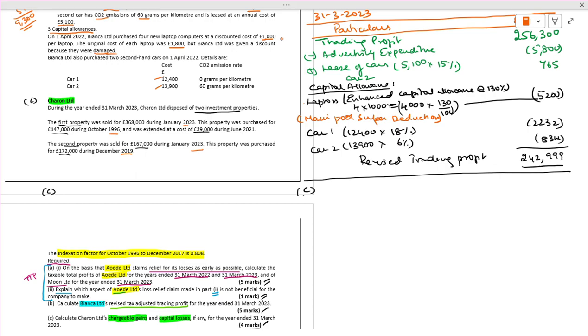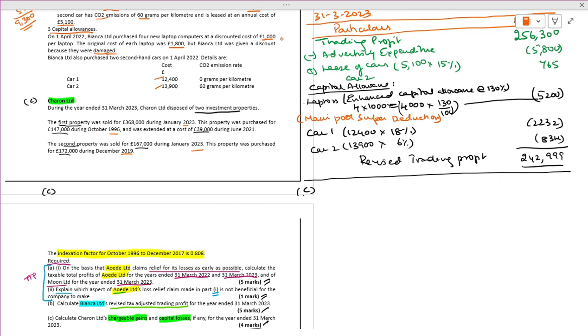They extended. Now for the first property, indexation allowance is not allowable because it has been extended at a cost of how much? Extended at a cost of 39,000. Is it right?